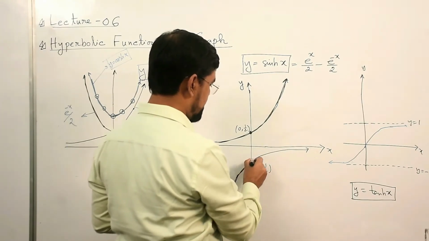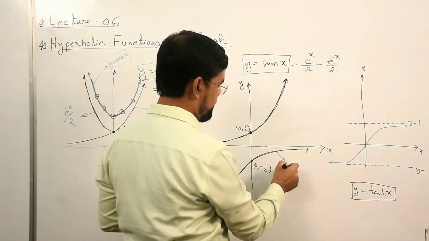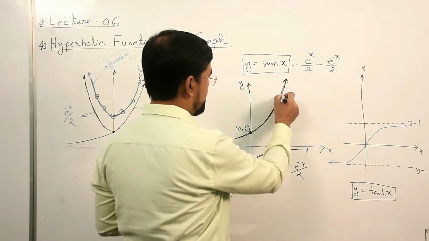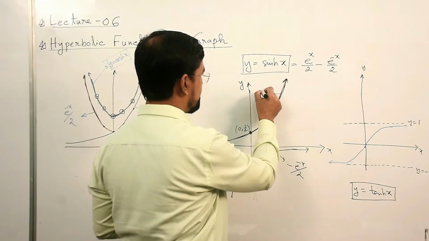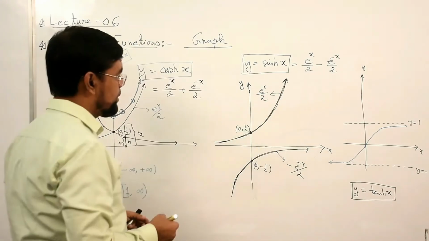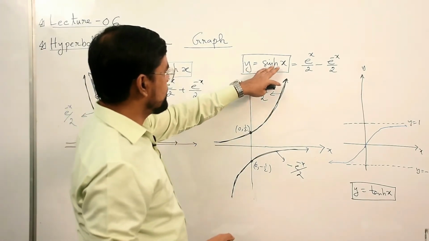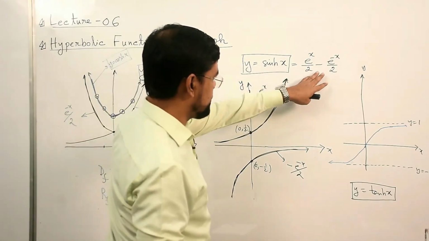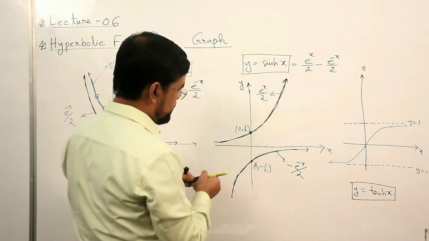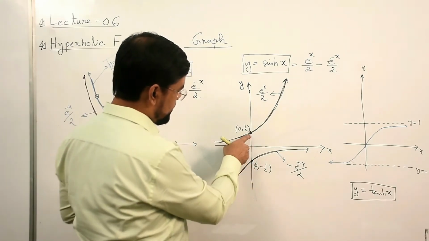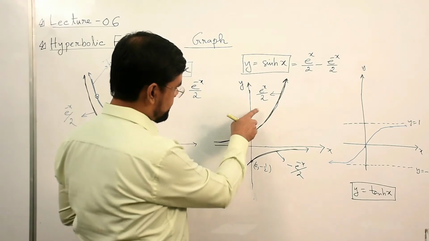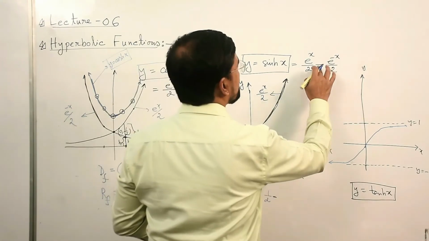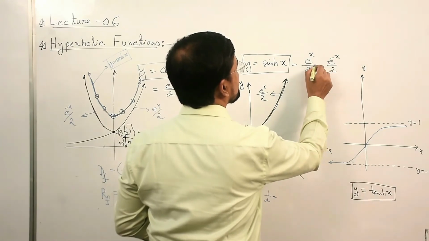This is the graph of negative e to the power minus x over 2, and this one is e to the power x over 2. So the graph of hyperbolic sine of x will be just the subtraction of these two functions. You see, when x equals 0, you have half for this one and negative half for this one.